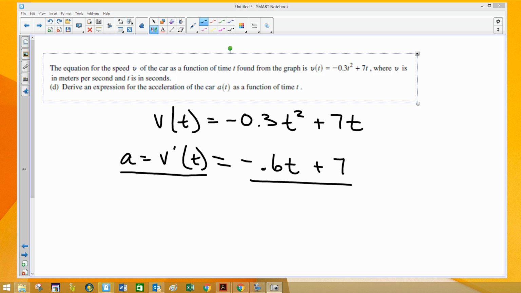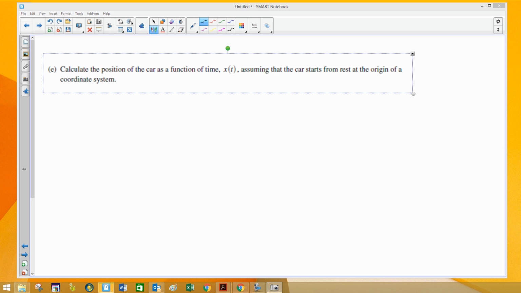Part E. Calculate the position of the car as a function of time. So position as a function of time is going to equal the integral, actually I worked it with the antiderivative of that equation.